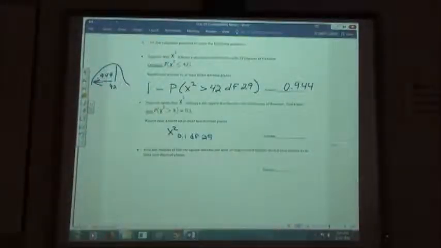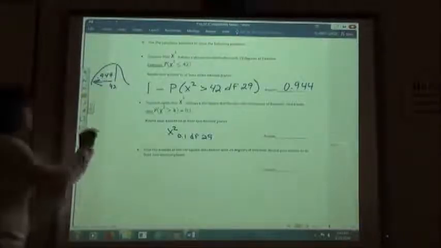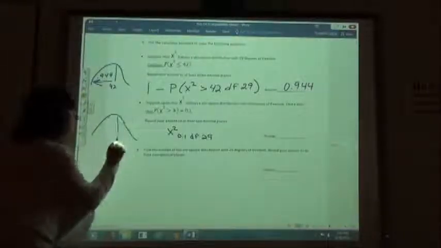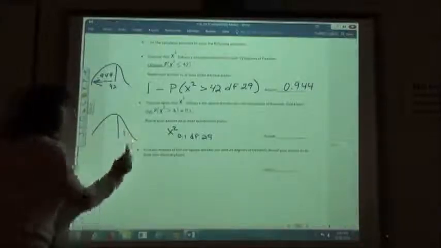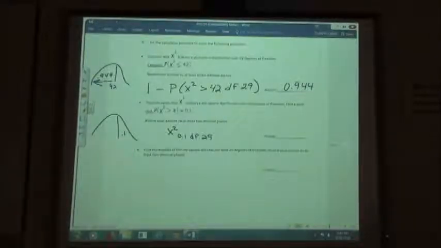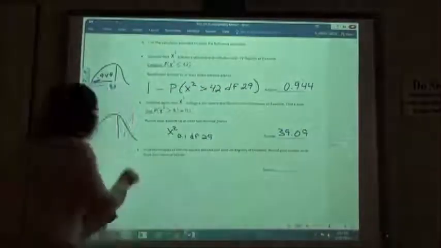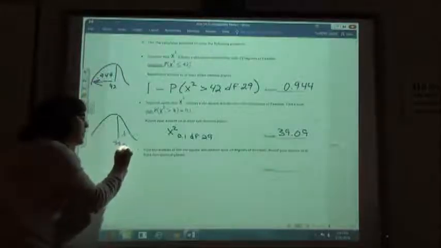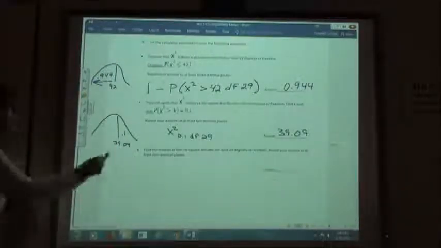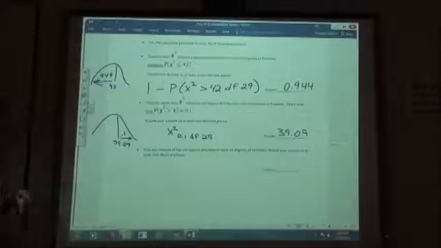So if I get a greater than, I just get to use the number that's there. 39.09. So they're telling you that critical value here is 39.09, and that 10% of the area is to the right of that.